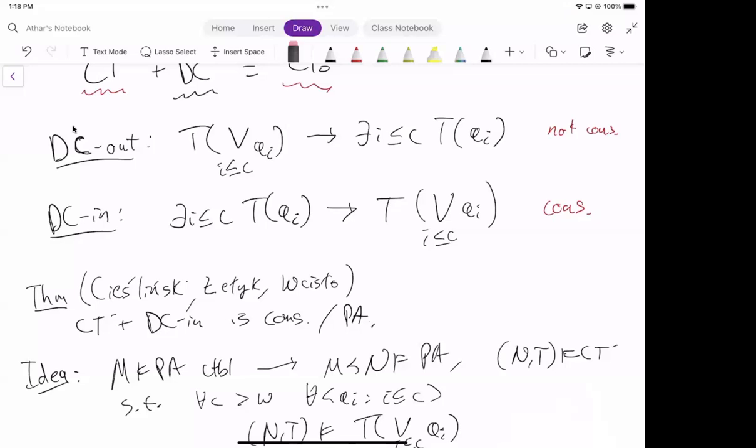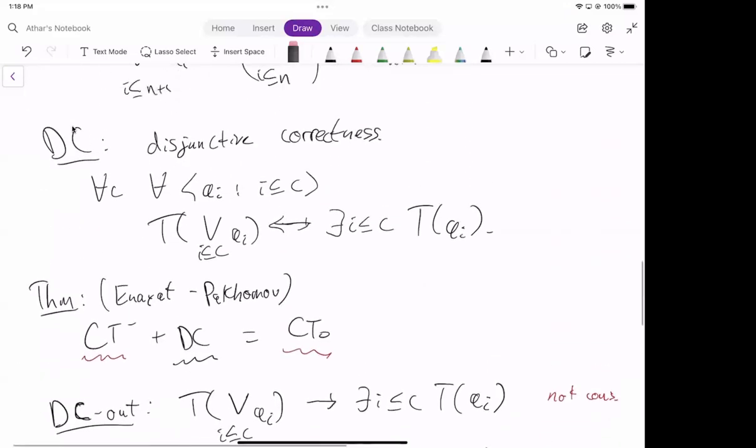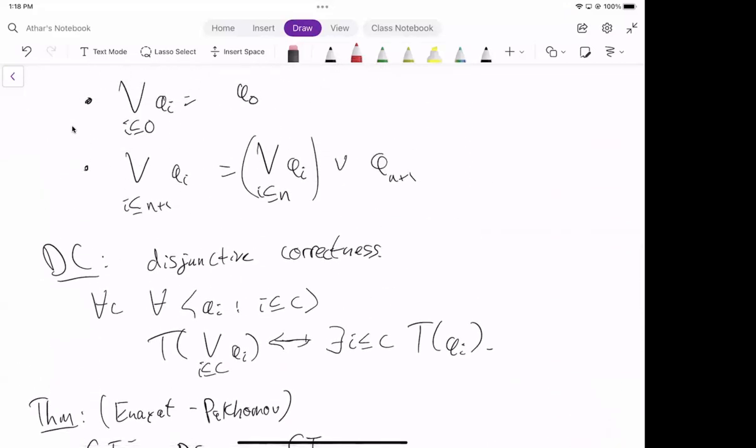Well, if you have a false disjunction, right, you have to... I think, actually, can I add something here? It's pretty simple because of the way that I defined this disjunction by CT minus.